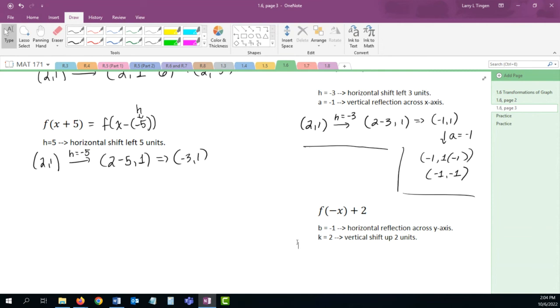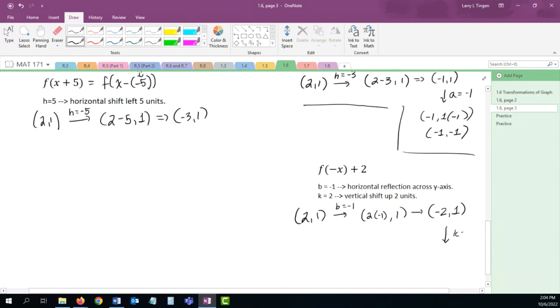Okay, so what does that do to my vertex now? My vertex for f of x started at 2, 1. The vertical shift is the last thing I do, so I actually apply b is -1 first. So b is -1, that manipulates the x coordinate, right? So now when I was at 2, now I'm at the point -2.